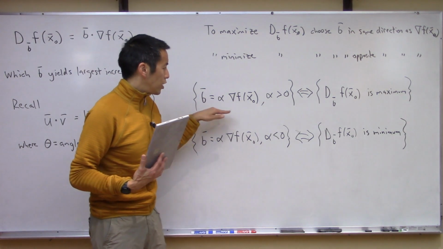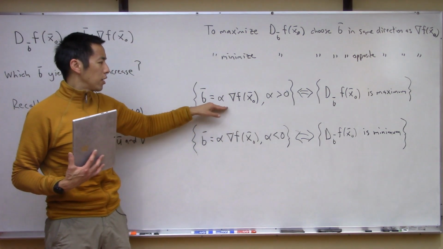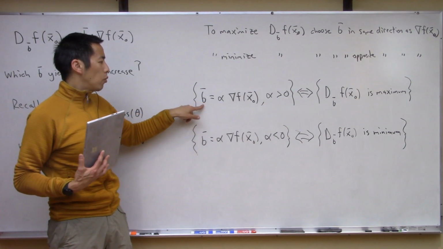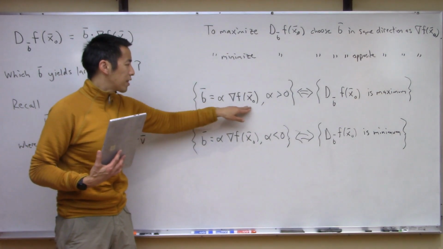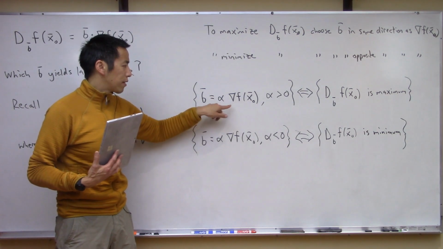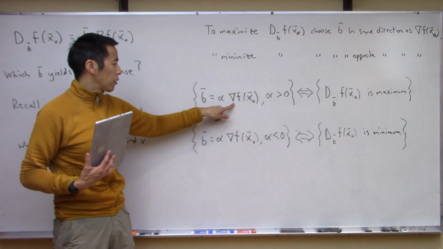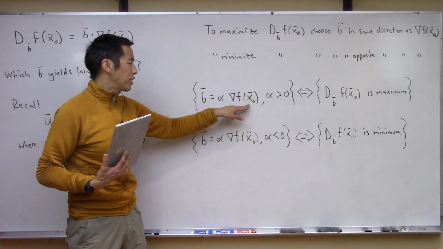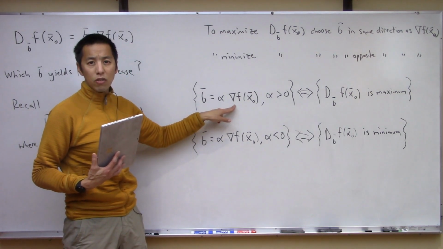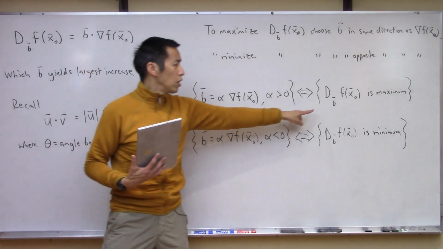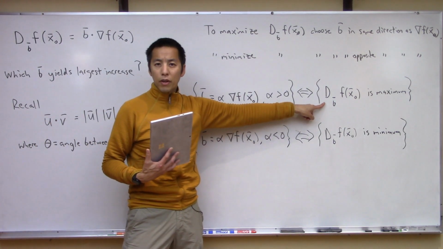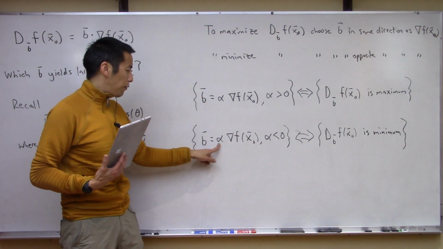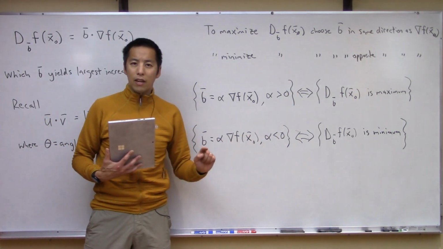Just to formalize that discussion, here we have this: you want to choose b to be in the same direction as the gradient, as long as this alpha is positive. Then b is pointing in the same direction as the gradient, and you maximize this directional derivative. And if alpha is negative, you minimize that directional derivative.